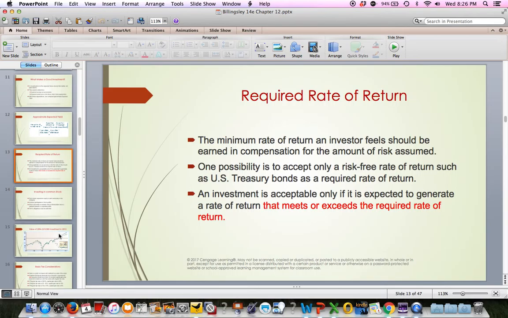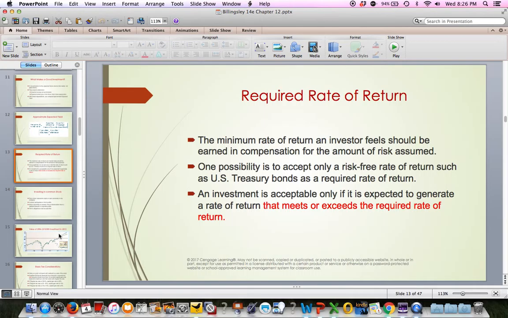So most investors, before they buy an investment, will have what they call a required rate of return, which is basically the amount of return that you need to match the amount of risk that you take in buying that particular investment. Of course, you could just go completely risk-free, get a U.S. Treasury bond.